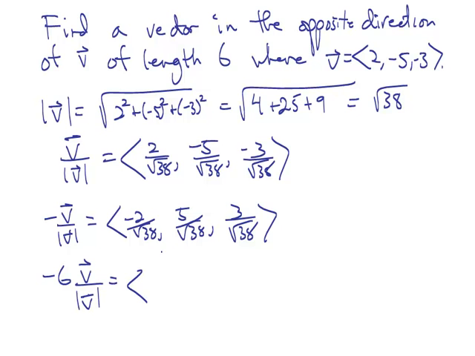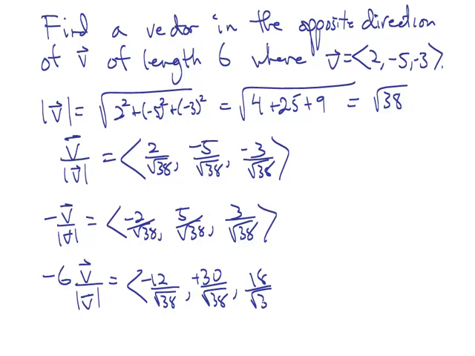And so we've got a positive 12 over the square root of 38. Negative 30, right? I've just taken 6 times this last one, so that's negative. And this is going to be negative 6, so 18 times that.